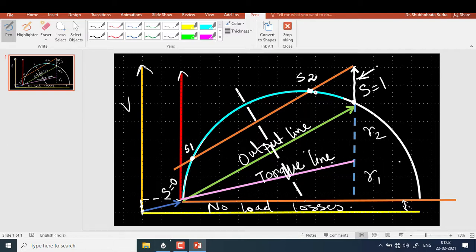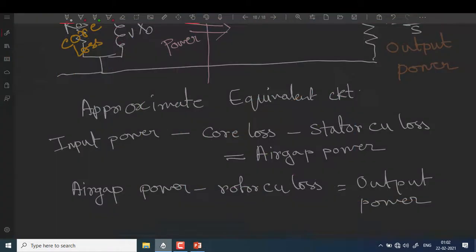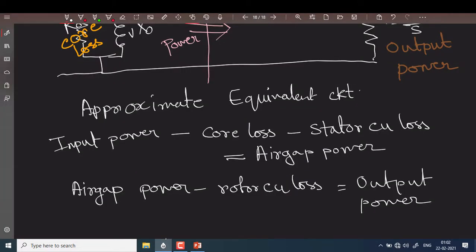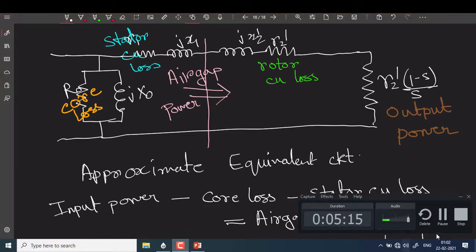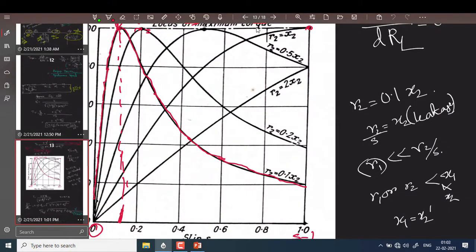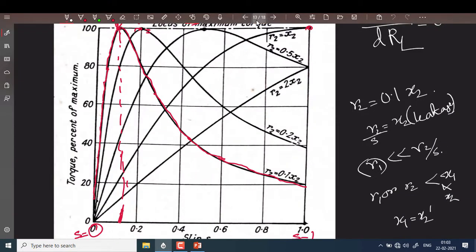So what is that torque slip characteristics diagram? Let me go back to the point where we started. Yes, this was a typical torque slip characteristics curve. You can see here, say 60% of maximum torque.